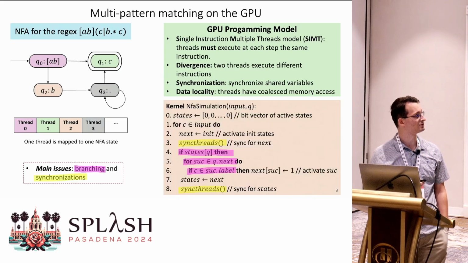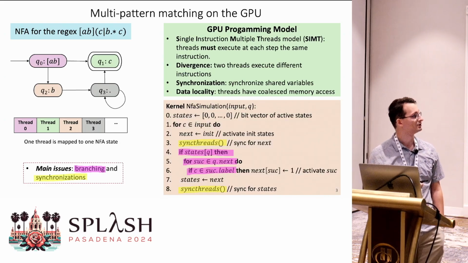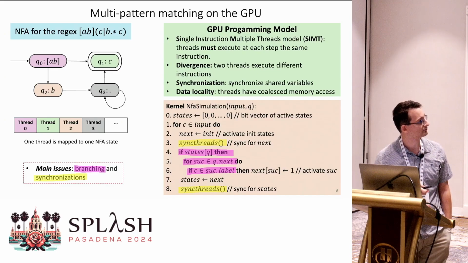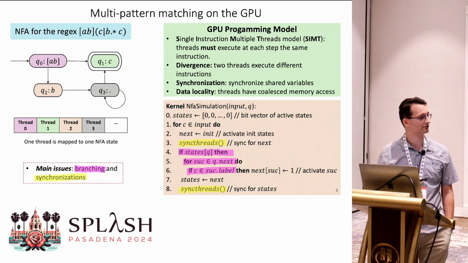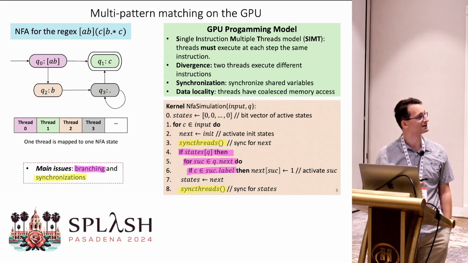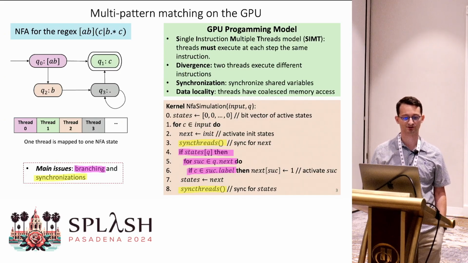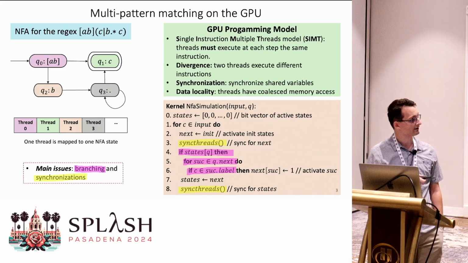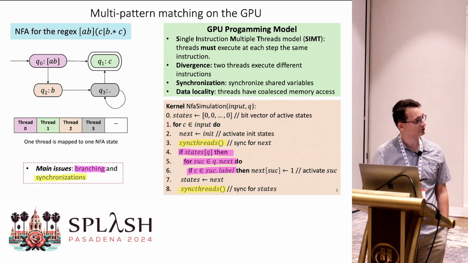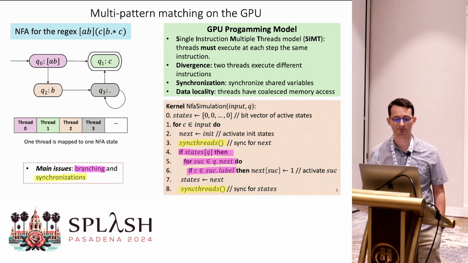On the GPU, the typical way to do NFA simulation is as follows. You have a set of threads, here thread 0 up to 3, and each thread is assigned a different state. For instance, state Q0 is assigned to thread 0, and state Q1 is assigned to thread 1. Here we have the pseudocode for NFA simulation that is executed by each of those threads.